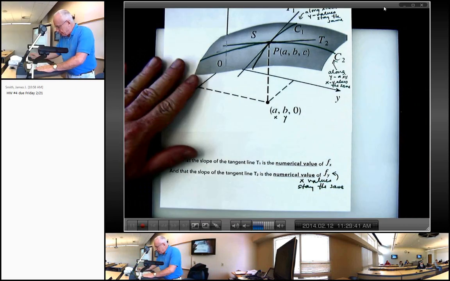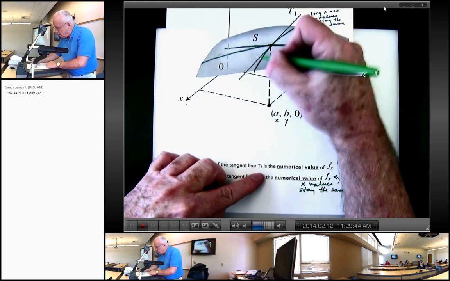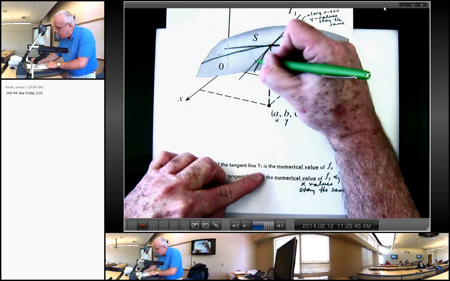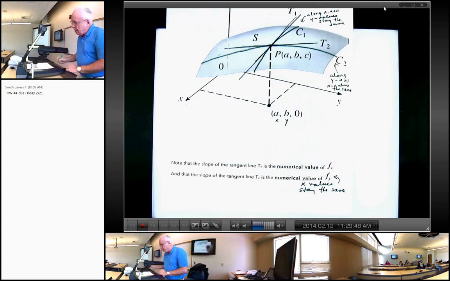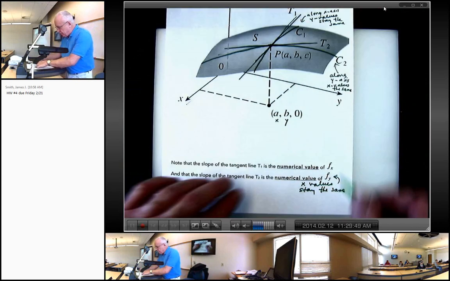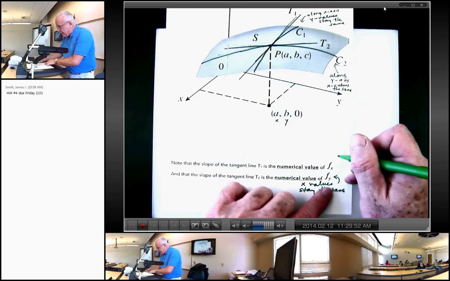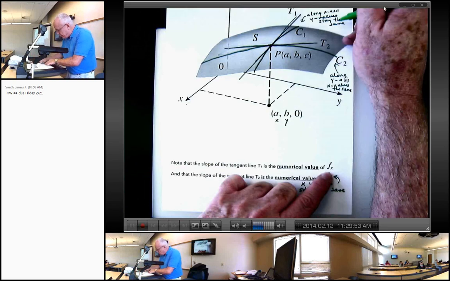Along here, for T1, this is the tangent line along this curve. The derivative that we get there is fx. Here is where the y values stay the same.